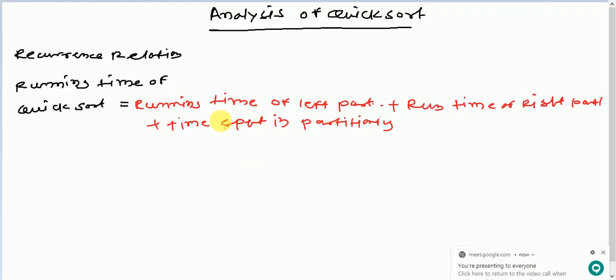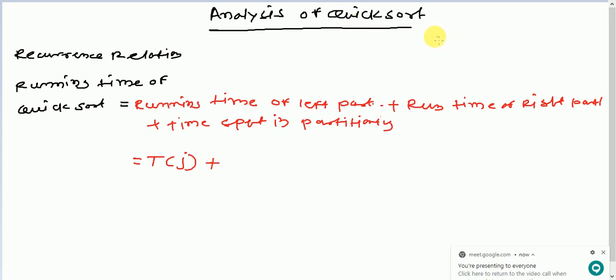We can easily understand the time spent in left partitioning. That will go from 0 to j minus 1. Let's say t is the time spent in left partitioning. Approximately there are j elements, so we write t of j, plus the time spent in right partitioning.